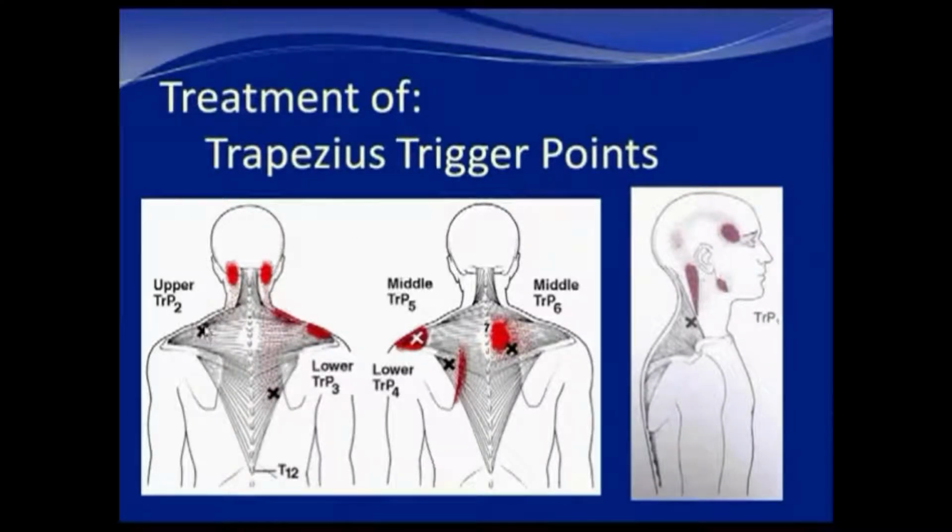You see here in the upper trapezius there is a reference to the base of the skull, and these are frequently the site of symptoms of headaches. You also see areas of referral from the lower trapezius that again goes up to the base of the skull as well as over to the shoulder.